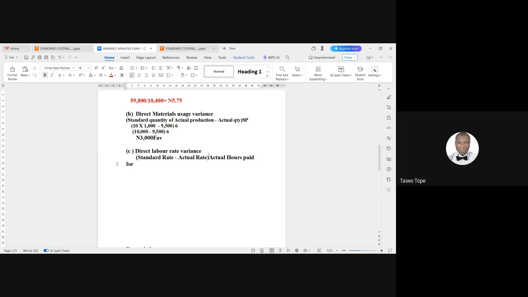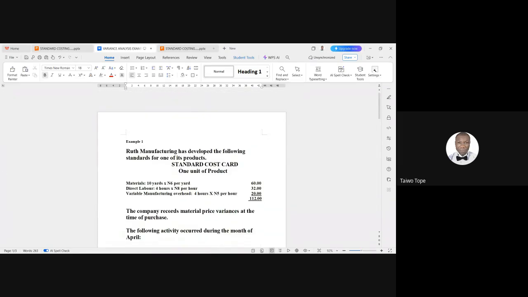You must be able to interpret these things this way, because if you go to your books, they will not tell you actual hours paid for, they'll just tell you actual hours. So in some questions, you might see hours in different forms, so you must know the one to pick. I'm defining it this way so that you know what to do per time. In terms of labor rate, what is the standard?